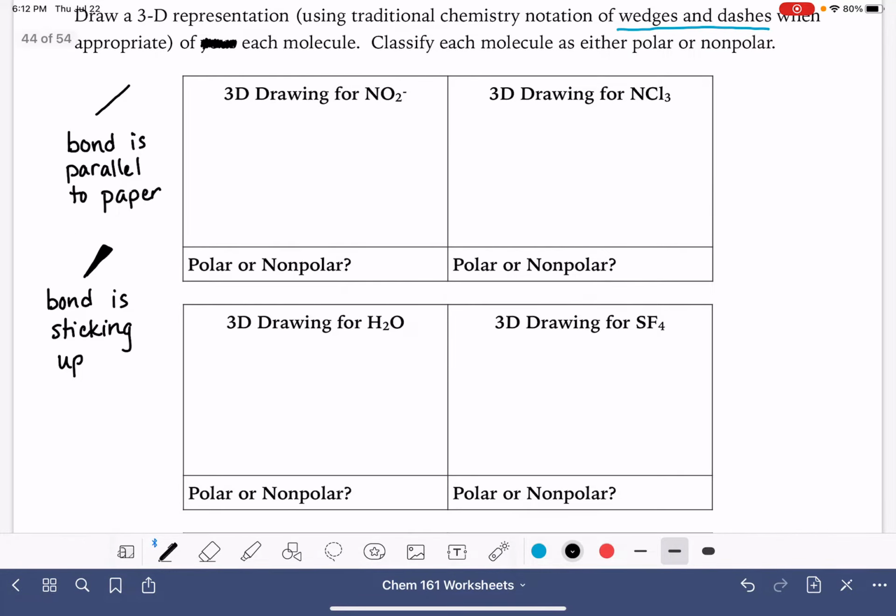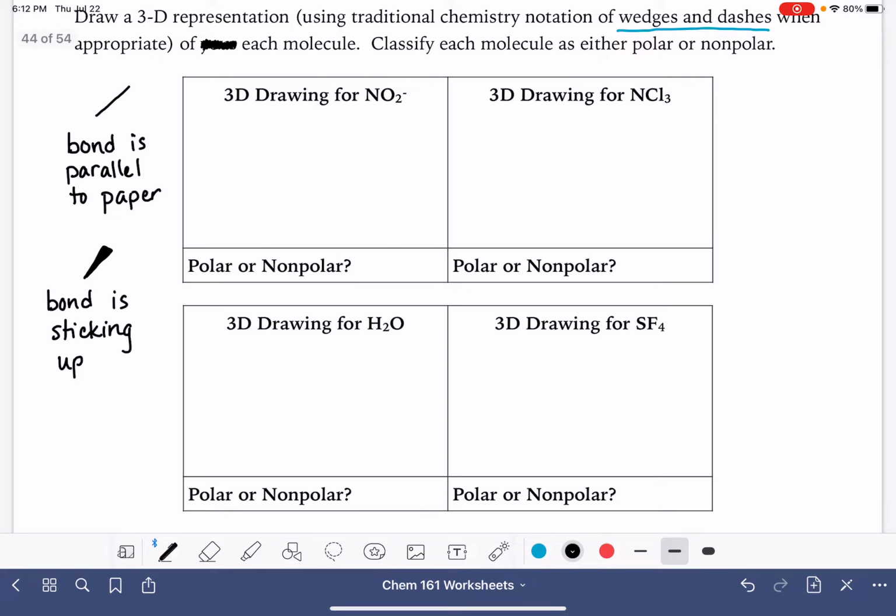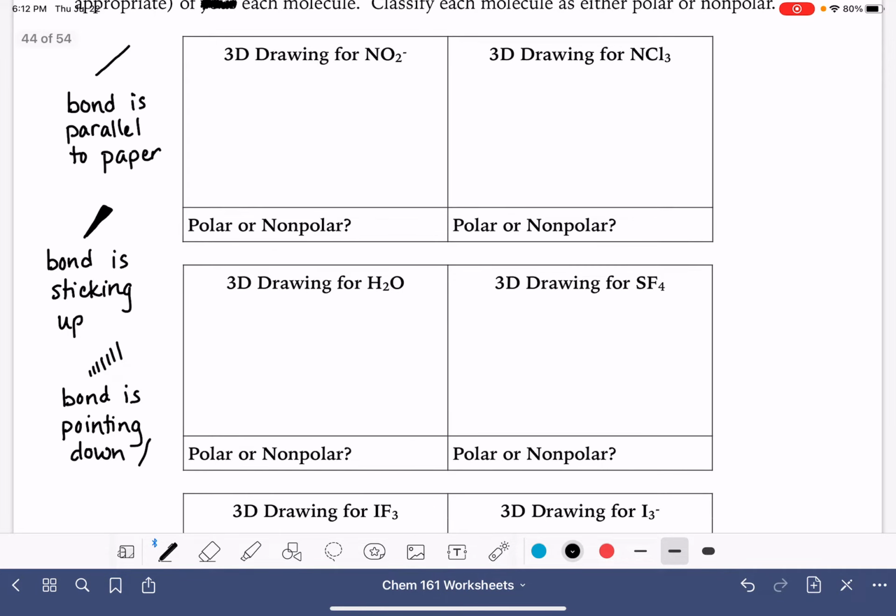So this would be basically like they're embedded down into the paper. And for that, we use what we refer to as a dash. So this dash notation is when the bond is pointing or sticking down. And in this situation, that would be referring to sticking down into the paper.